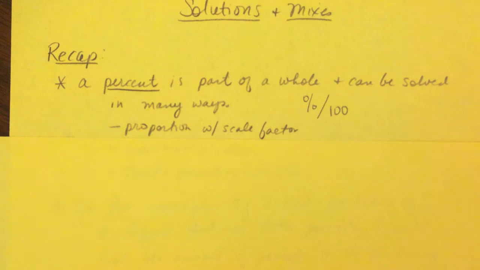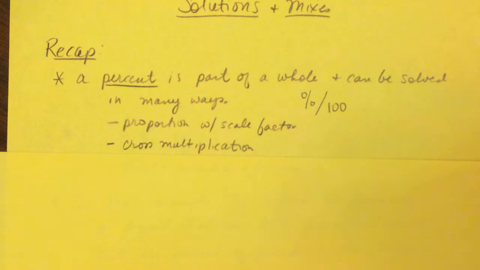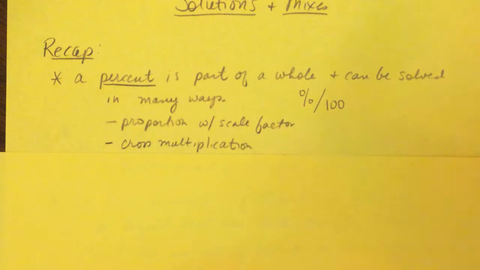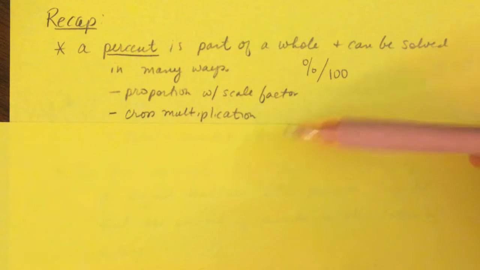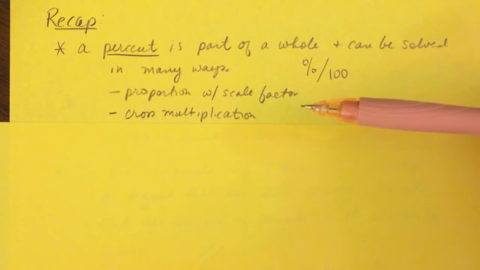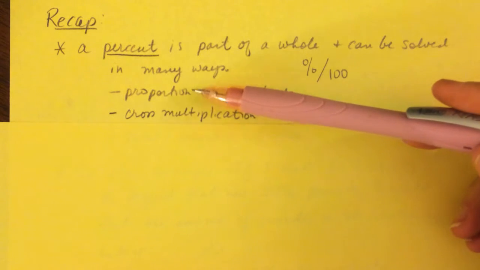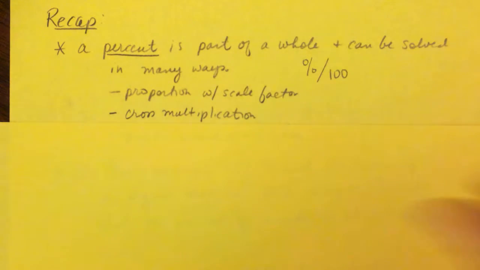The first way that we learned was to solve them as a proportion using scale factor. And then some of you came across solving using cross multiplication. We didn't necessarily teach you cross multiplication, but some of you saw it in a book or your parents taught you, which is fine, as a strategy to solve a percent that's written in a proportion form.